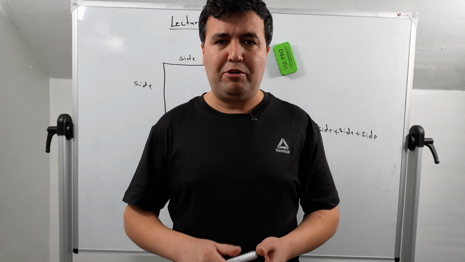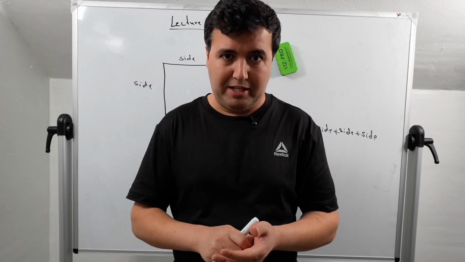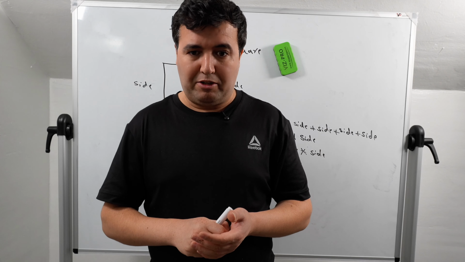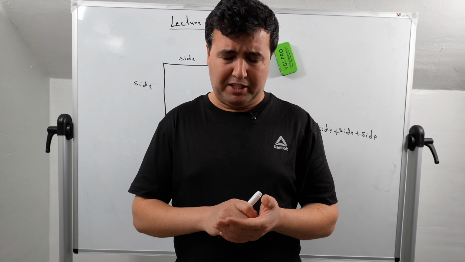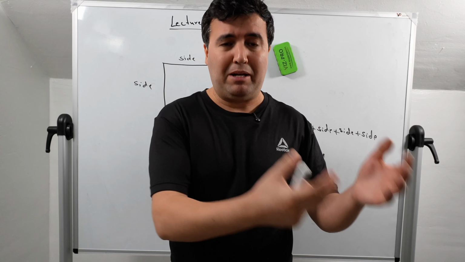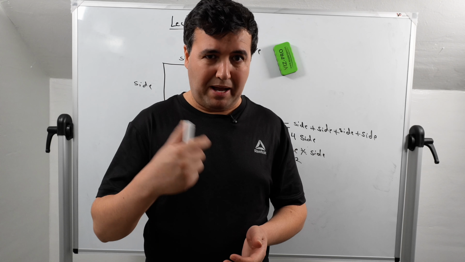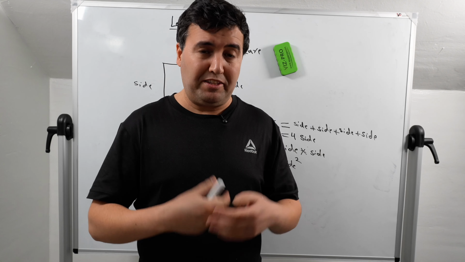So pause the video and write the program. Think about it. If you cannot write directly on the computer, just write on a piece of paper first how you can write that program, and then implement it on your computer. Then come back and I will solve this program in C++.